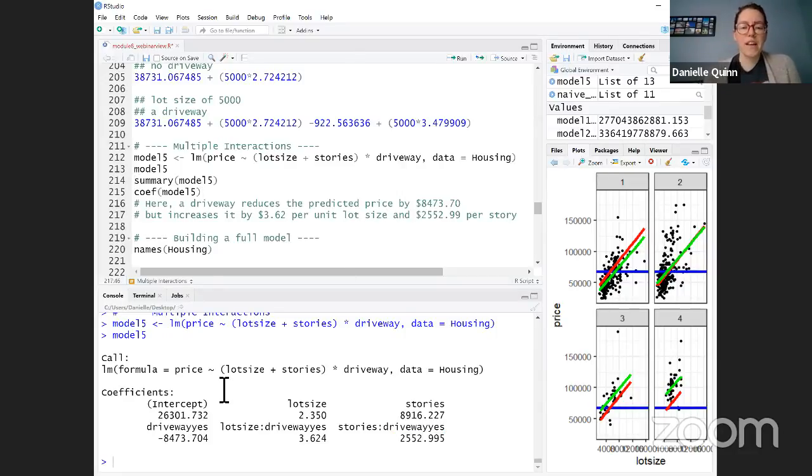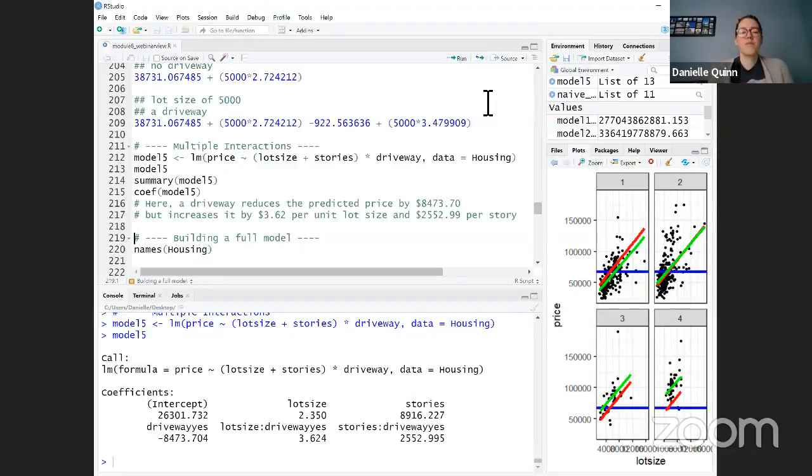For example, here a driveway reduces the predicted price by about $8,400, but it increases the worth of each unit of lot size by $3.60, and it increases the worth of each story by about $2,500. So you can make these models much more complicated, even using a simple linear model.